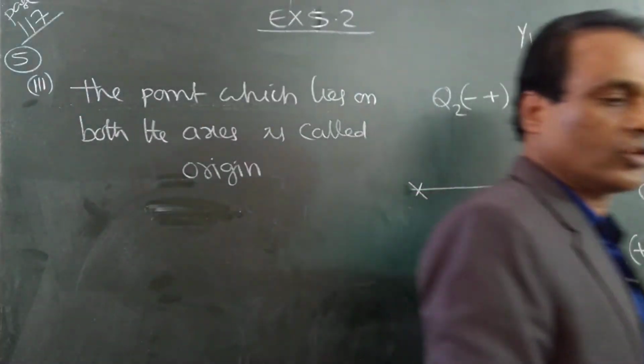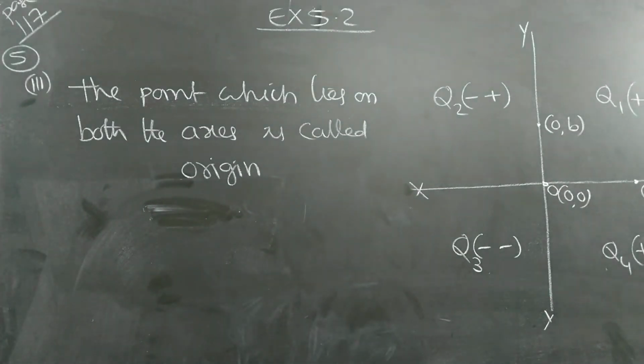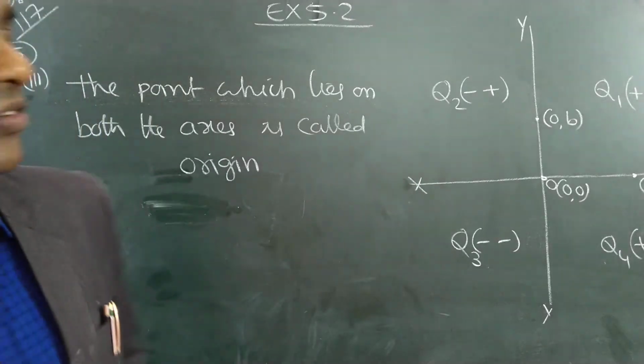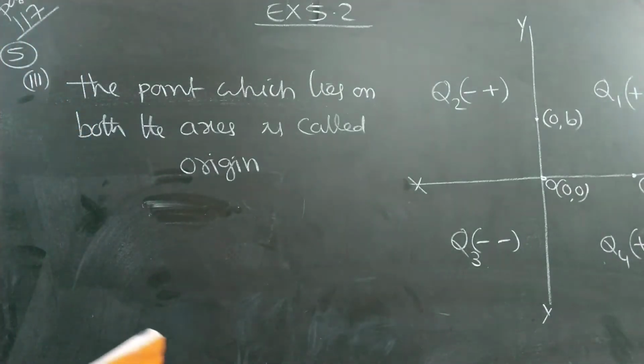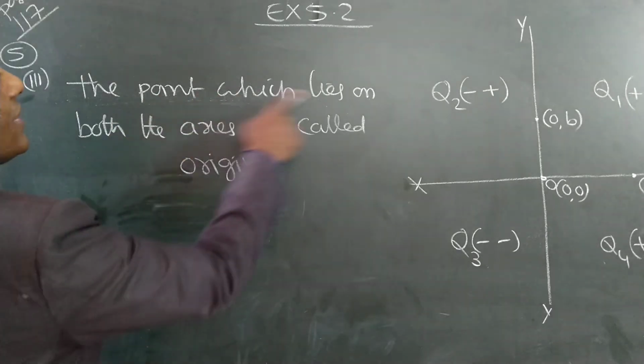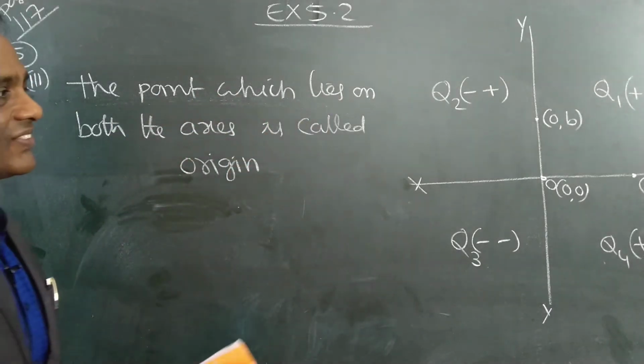Don't look at the textbook answer, just tell me true or false. Yes, many students are responding. Very good, students. I am happy for your interest. So, the point which lies on both the axes is origin.